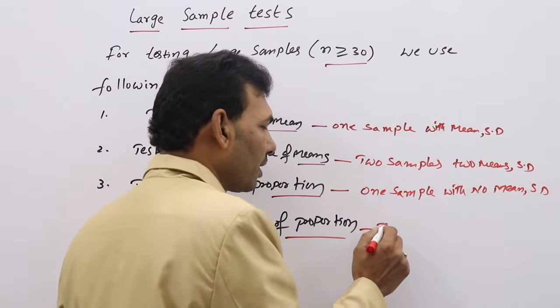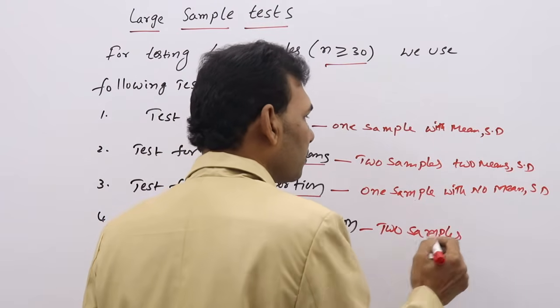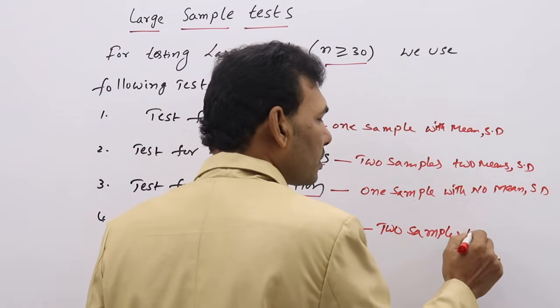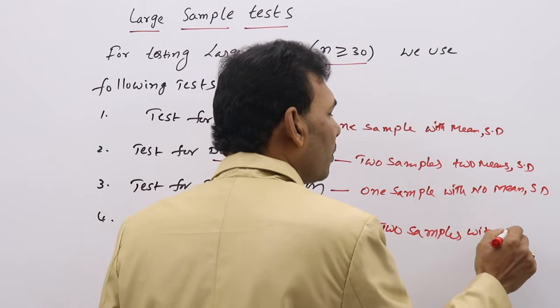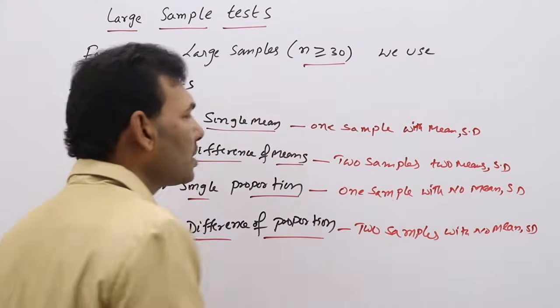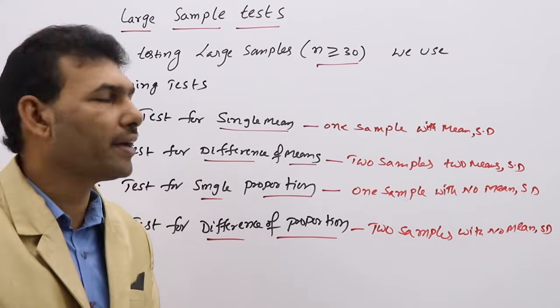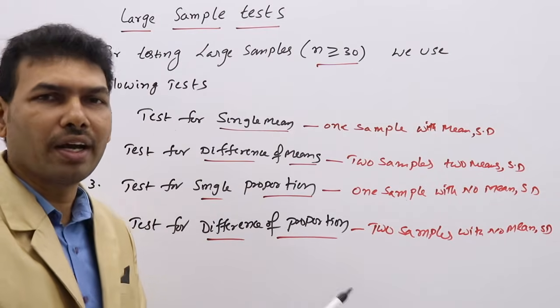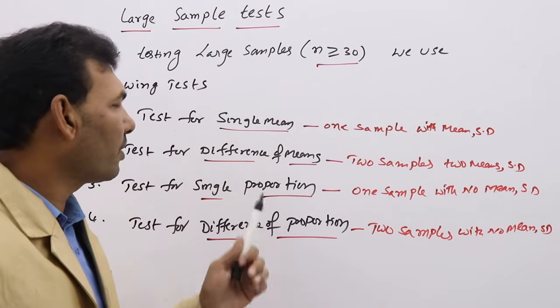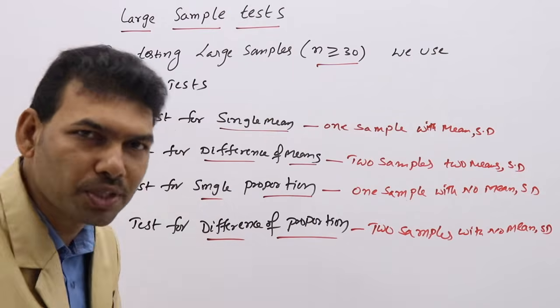Here the same thing, 2 samples with no mean and SD. So these are a few simple techniques to decide whether the given test is a single mean test, difference of means test, single proportion or difference of proportion.